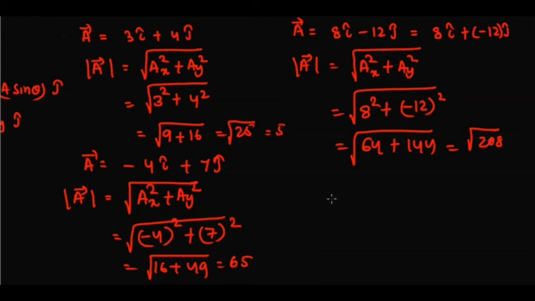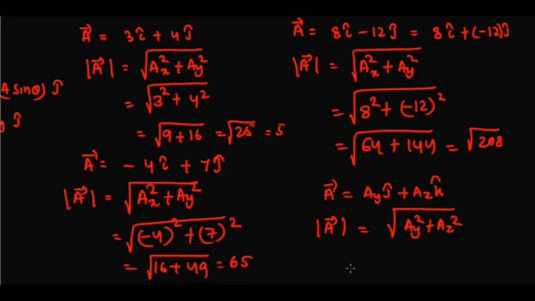Similarly, if we have a vector in yz plane, then suppose vector A is equal to AY j cap plus AZ k cap. This is in the yz plane. So a vector magnitude will be how much? It will be square root of AY square plus AZ square.